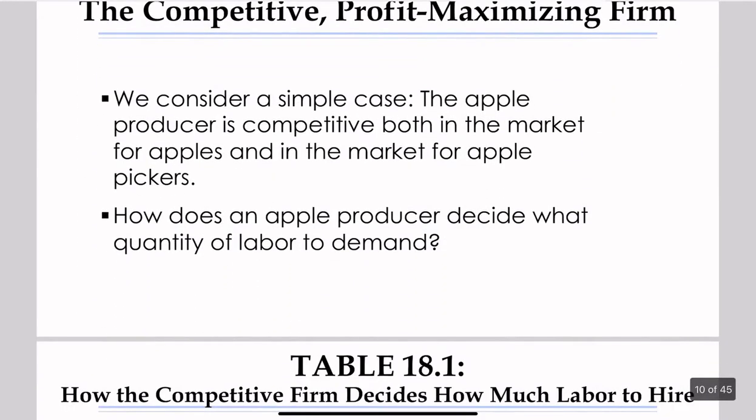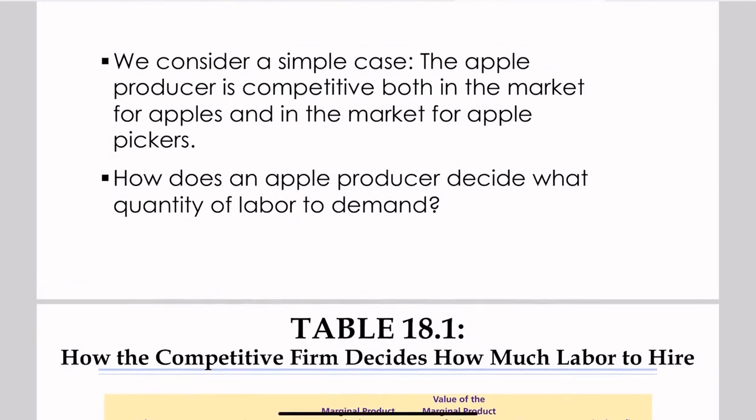Okay, so now let's use an example to understand this result. We consider a very simple case. We consider an apple farm, and this apple farm is competitive in both the market for apples and the market for apple pickers. The assumption of competitiveness gives us a shortcut.